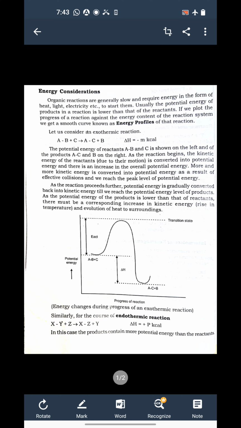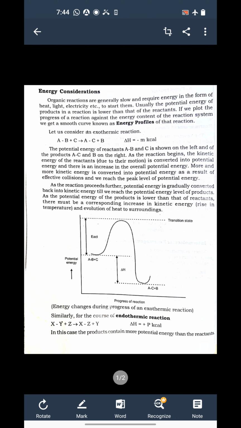As the reaction proceeds, collision of molecules, ions or atoms takes place, and they get converted to product. Starting from the left, the curve goes on increasing, as more and more kinetic energy gets converted into potential energy, and that's why you can see one maxima, which is written here, the transition state.